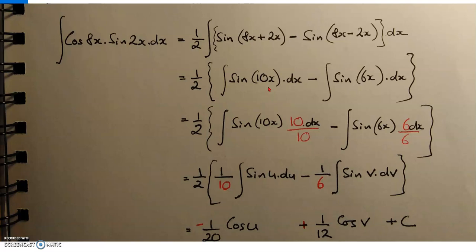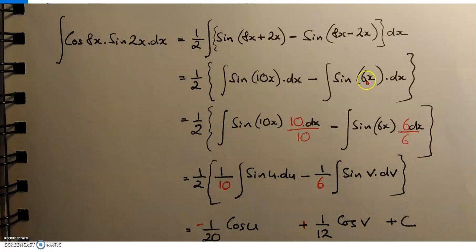I have missed out a slight step here because I'm hoping you can see what I am doing. I'm letting u be 10x, and when I differentiate, du by dx is 10, so du is 10 dx. I'm multiplying the dx by 10, but I've got to divide by 10 at the same time to keep the integral the same value, because that's really just 1.